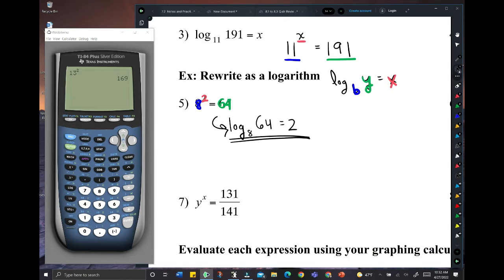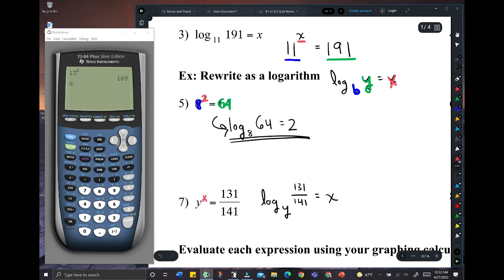Let's look at number 7. We got a fraction. It'll be the same idea. So log of 131 over 141 with base y is equal to x.